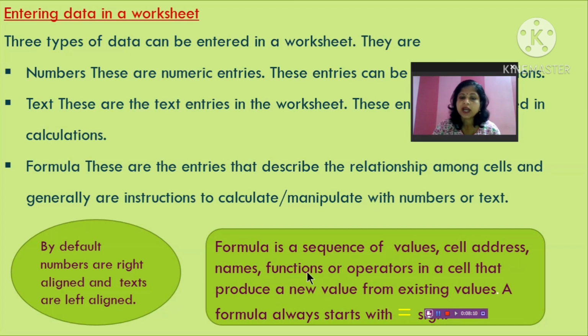Functions we will read later on in this chapter. Functions means a small program which will do a specific task, that is your function. Cell address A1, A2, B1, B2, F3, F5 like this, these are cell addresses. So formula consists of all these things. A formula always starts with an equal to sign. Whenever you write a formula, it will start with an equal to sign.